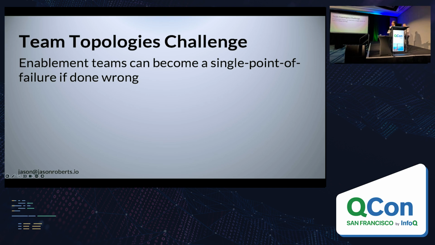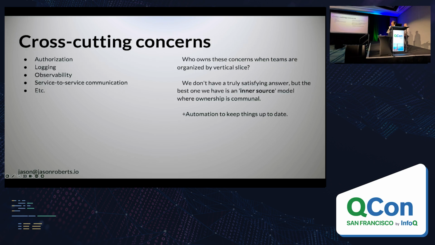So we solved a lot of the team structure problems with team topologies, but there were some challenges with that as well, right? While the enablement teams can provide the structure for really helping the other teams with their delivery, if not very carefully managed and planned, that could become a single point of failure. So we had to carefully manage and plan those.